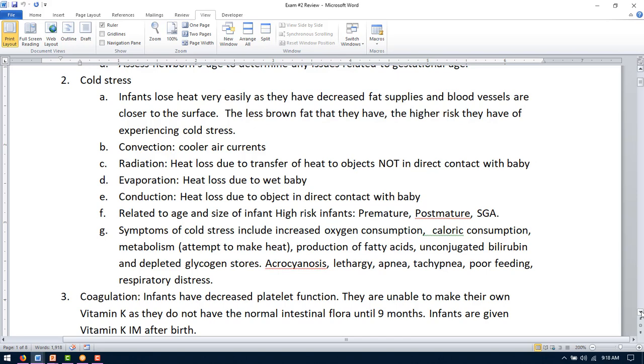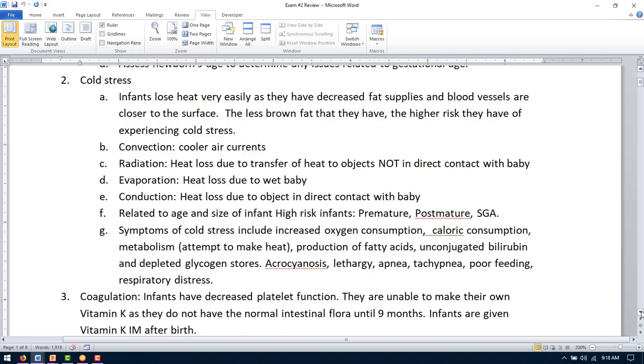Evaporation is the heat loss because baby's wet, whether it's a bath, whether it's right after birth and they're full of amniotic fluid. And conduction, that's heat loss because of objects that are in direct contact, whether it's a scale or a stethoscope, all those types of things.